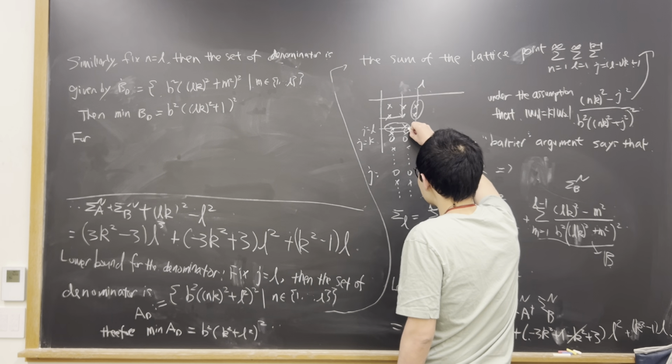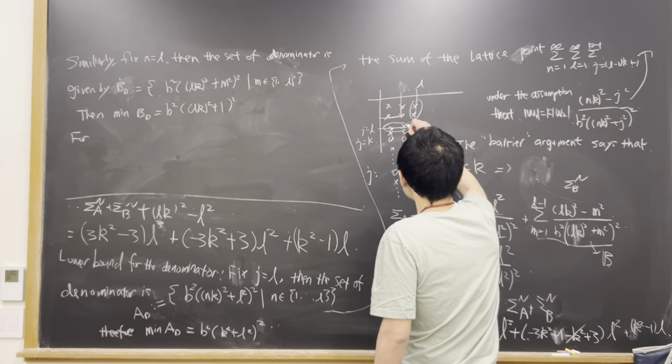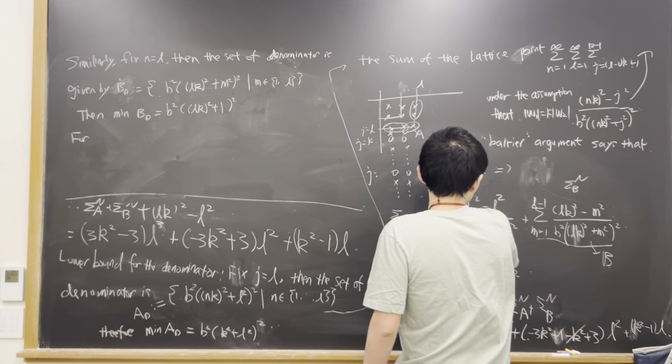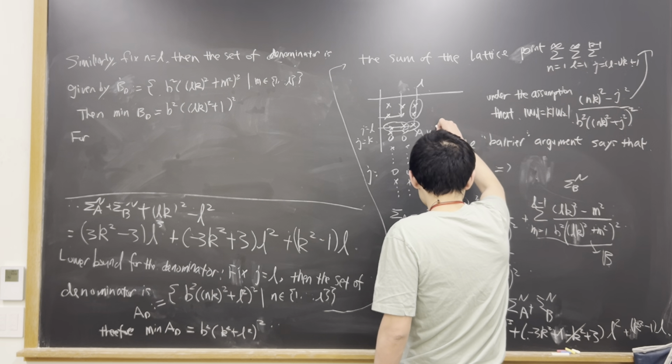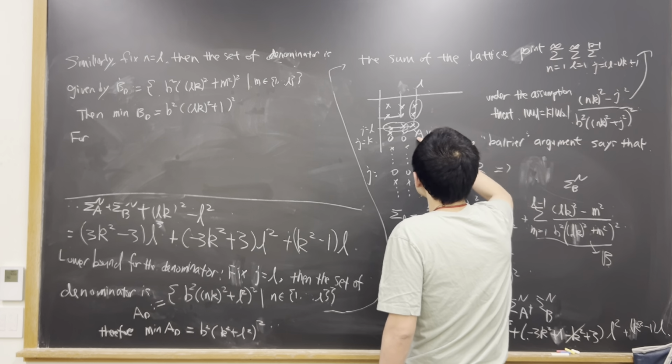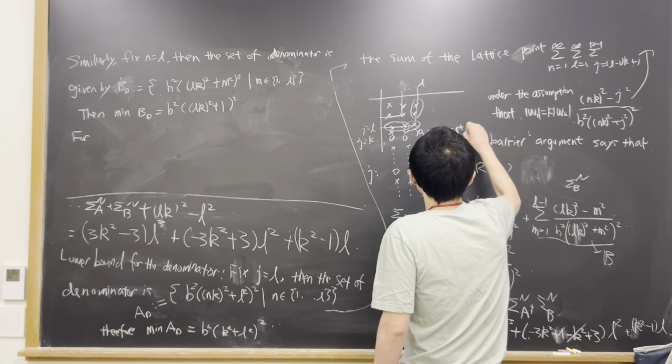So from this is the set A union the corner point, right? So roughly speaking, it's A union the corner point.